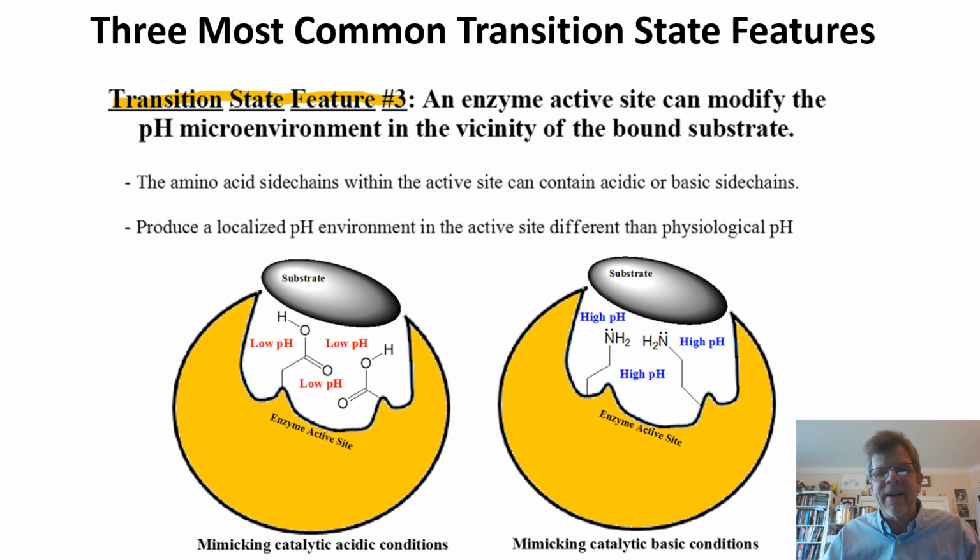What if now we had an active site which had a bunch of lysine side chains lining that active site, and then we had a bound substrate, that substrate requiring catalytic basic conditions in order to convert to product? Well, we have that in a microenvironment.